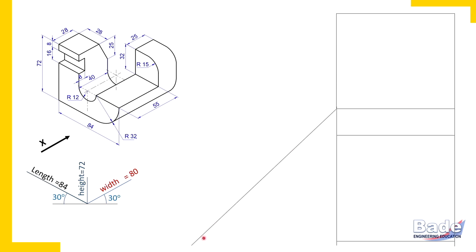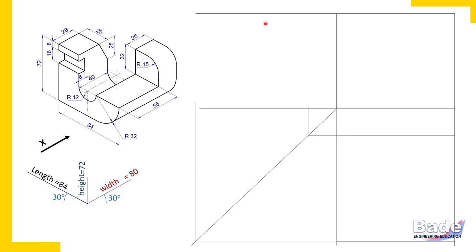Draw a 45 degrees line to draw the projector for width from top view to side view. So this is how I have transferred height in the side view and drawn projectors to transfer width in the side view, and this is how we have completed the rectangular box for side view. So this is how we have completed 3 boxes for front view, top view and side view.